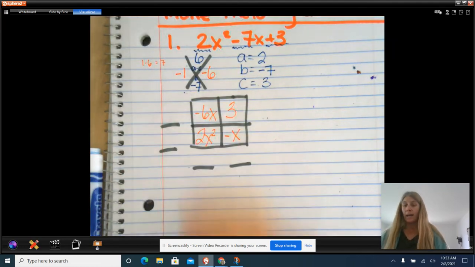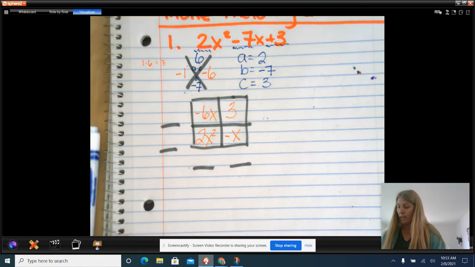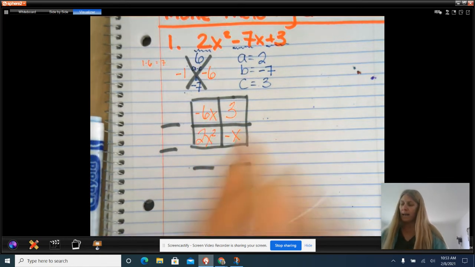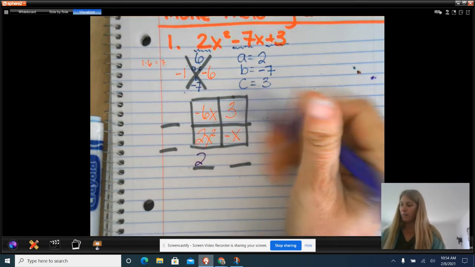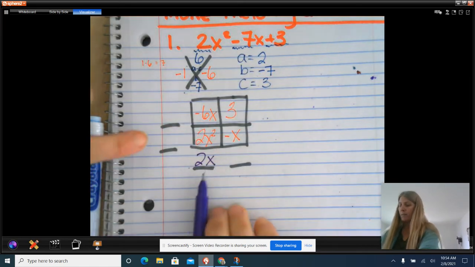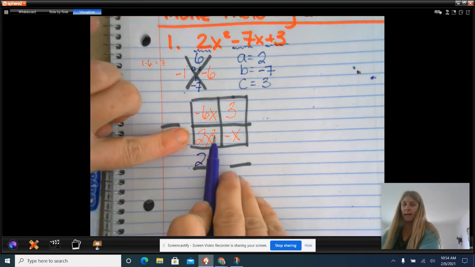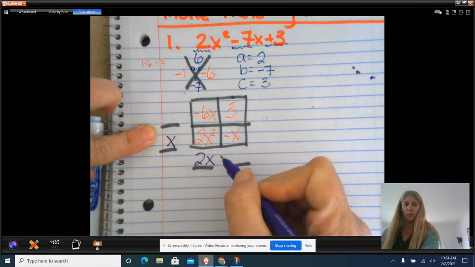Now we're going to go ahead and factor that, solving the outside of our diamond problem. I see a 2 and a negative 6, so I can pull a 2 out because 2 goes in evenly. There's an x in both, so we're going to make that an x. Now that I've taken one of them out, I can simply see what I have to multiply to get that square. So 2x times x gives me 2x squared.